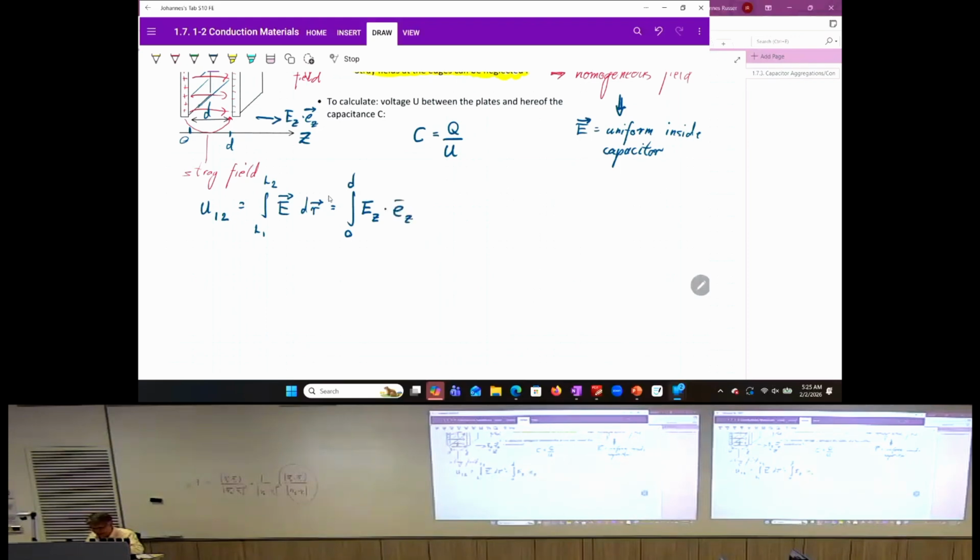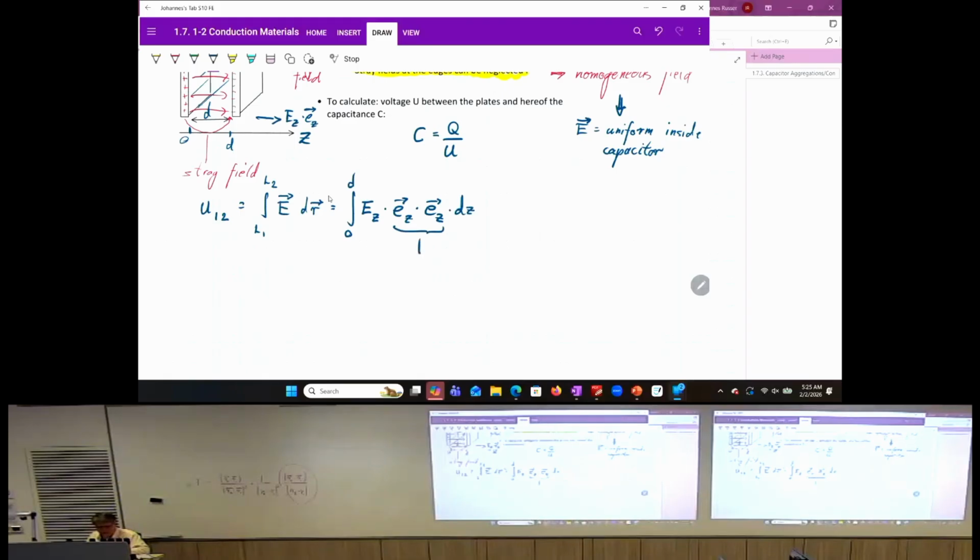And if we look at our line element, that is also in z direction, we integrate along the z axis. Then you see that the vectorial components thankfully vanish.